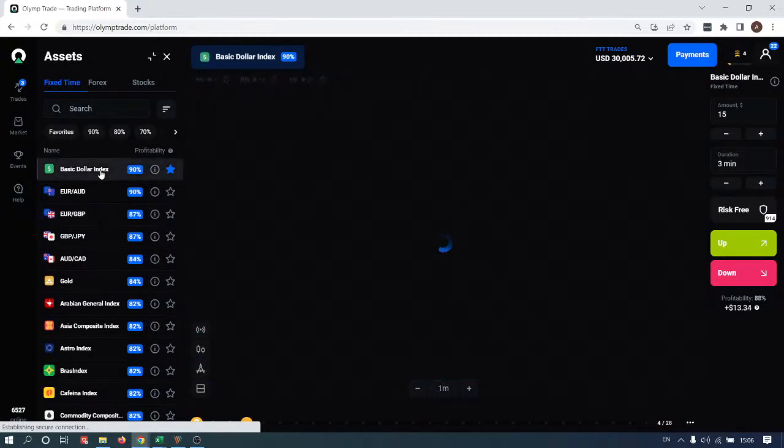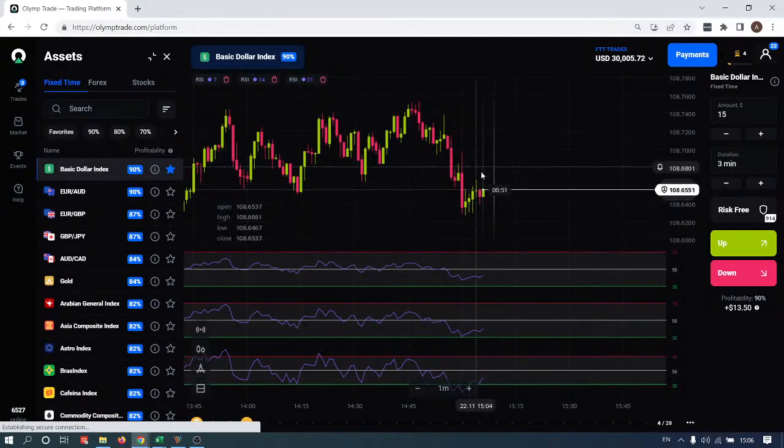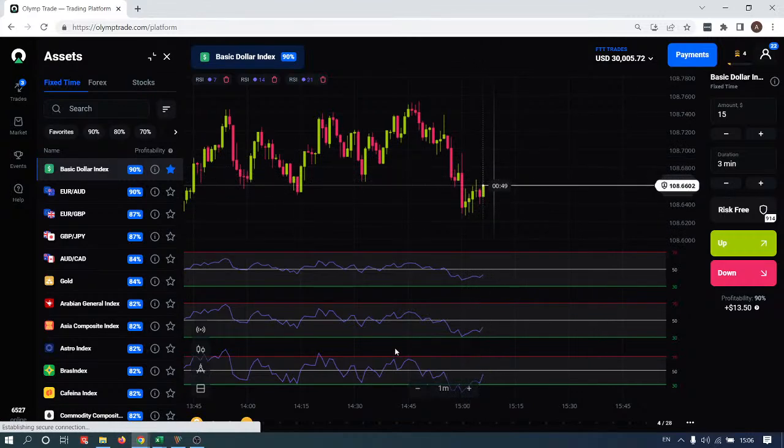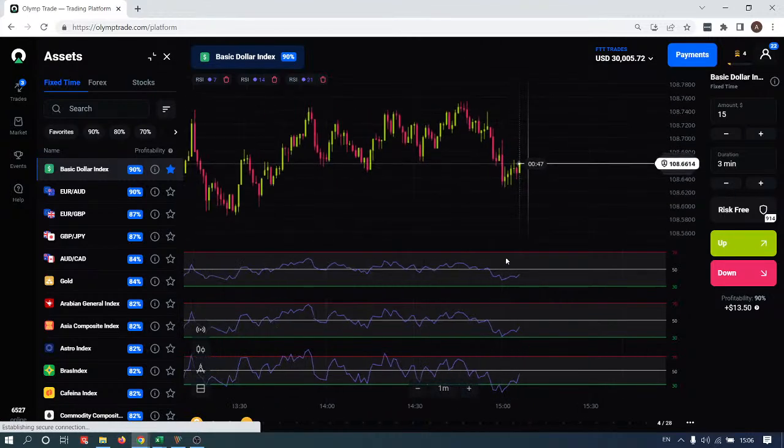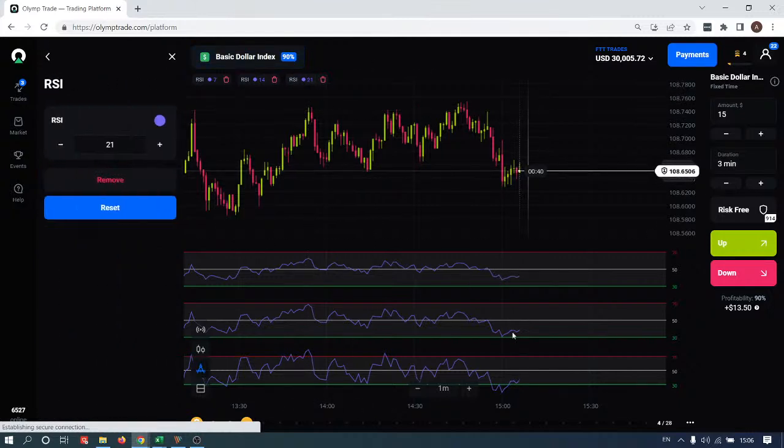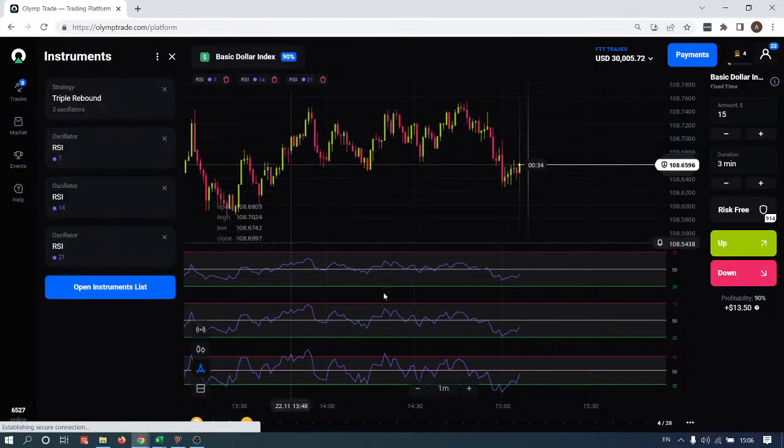And the signal with this strategy is very simple. We have the slow one, the period 21. See, I can change it, I can adjust it, and it changes the shape of the indicator. I also have the normal one and the fast one.